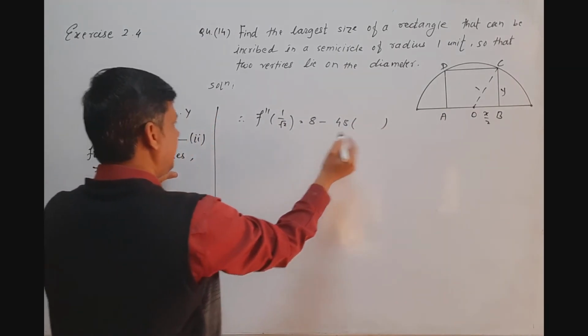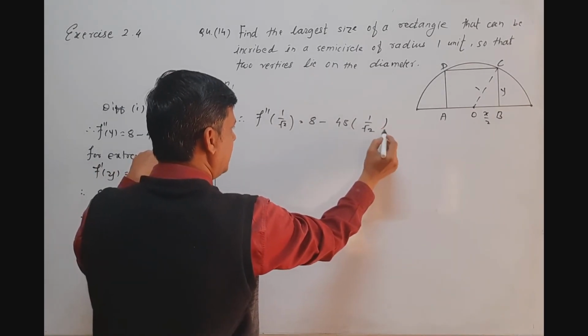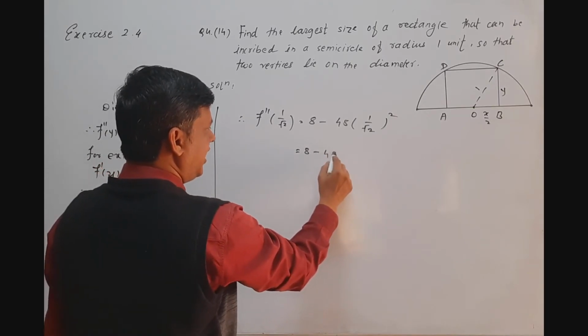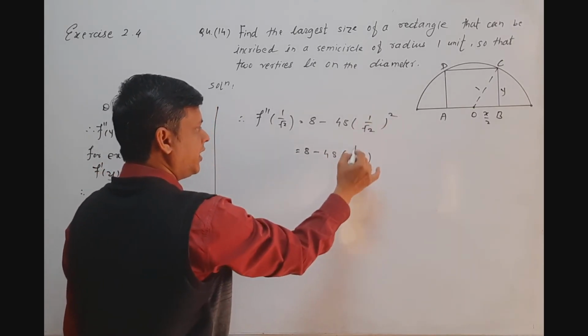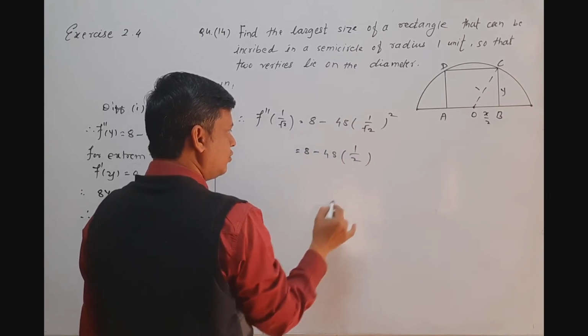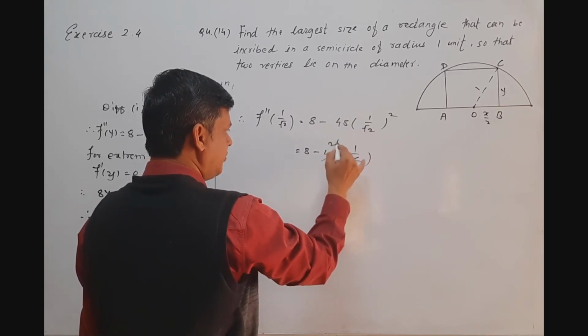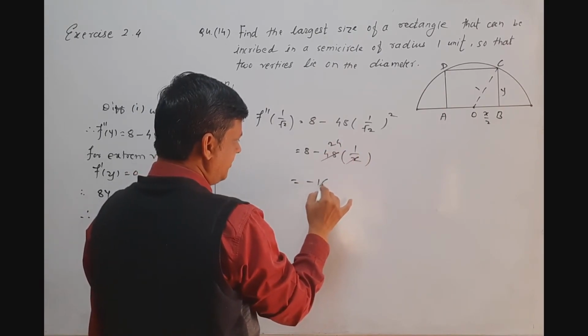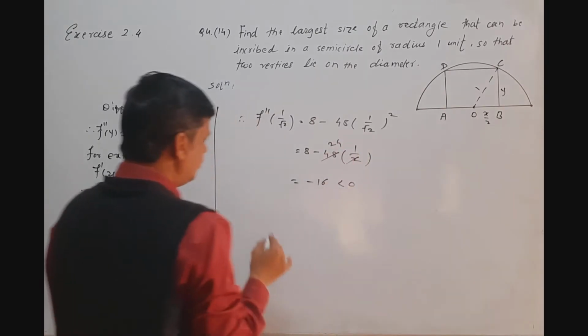So y we replace by 1 by root 2, so write 1 by root 2 its square. So 8 minus 48 into, square of 1 we get 1, square of root 2 we get 2. So here we get 24. So 8 minus 24, which is minus 16, which is less than 0.